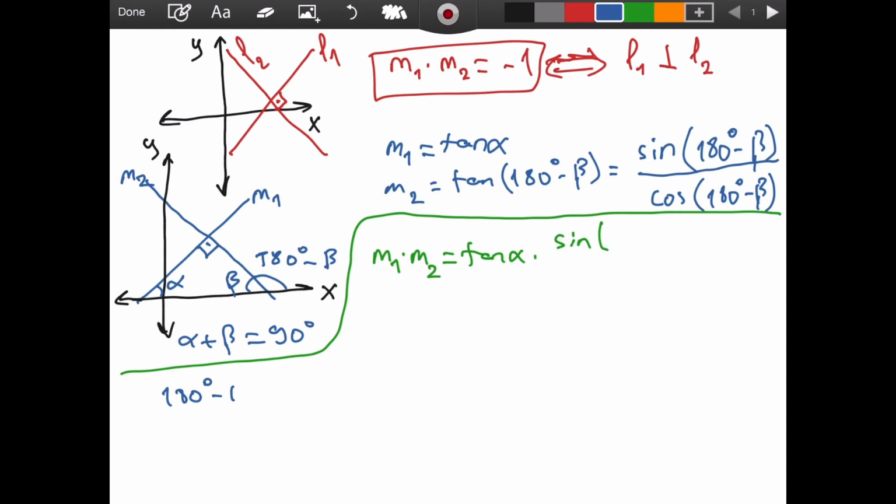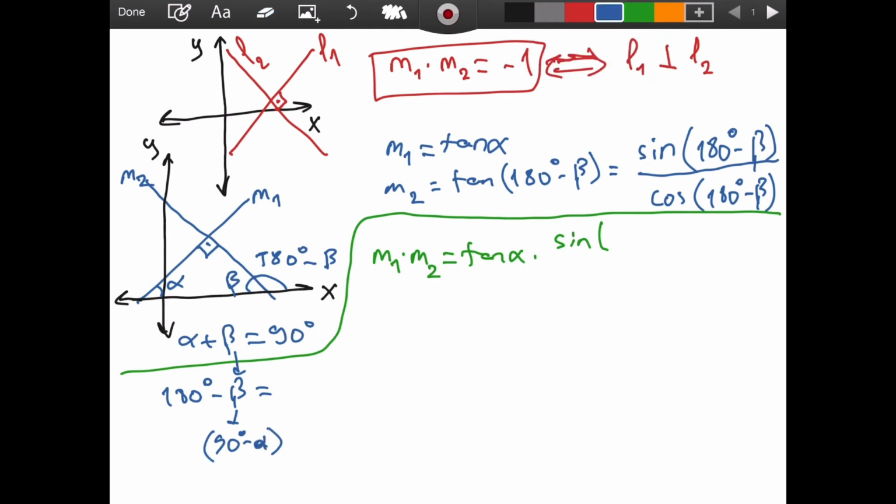We have this inside of the sine and cosine for the second slope. So if we substitute for beta here, well, beta is equal to 90 degrees minus alpha, right? It is equal to 90 degrees minus alpha. Oops, not alpha degrees. Alpha is already an angle in terms of degrees.